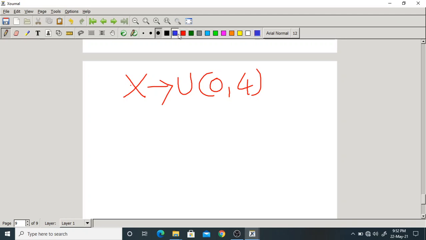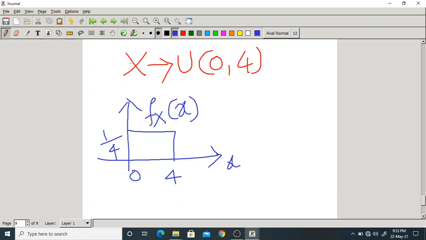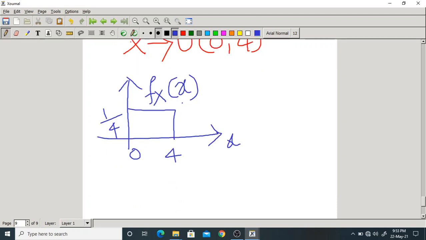So in this case we know the PDF, isn't it? Let us draw the PDF. From 0 to 4 the height should be 1 by 4. Here we know the PDF.